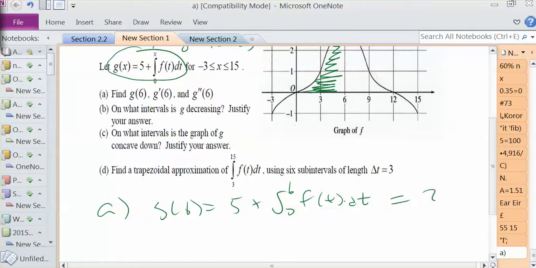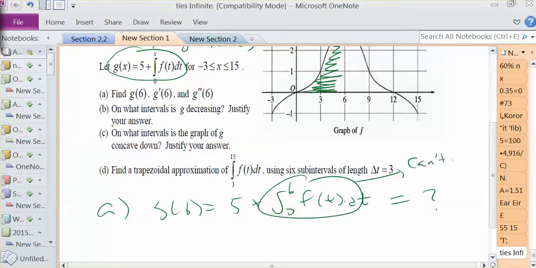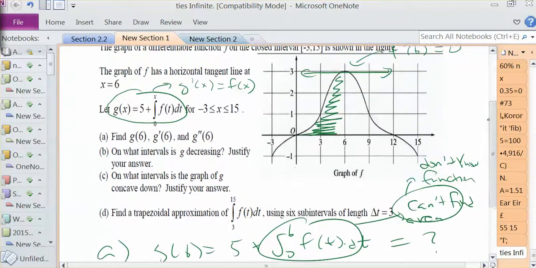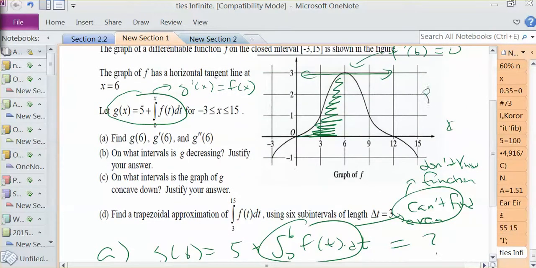So we can't find the area, and plane geometry doesn't work for us here because I don't know what shape that is. So we won't worry about that one.